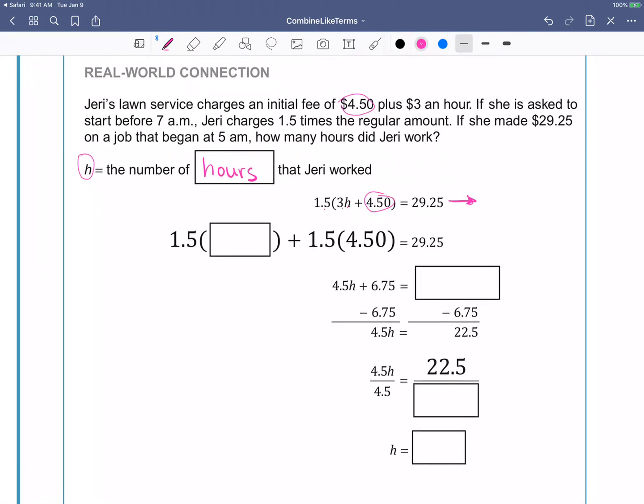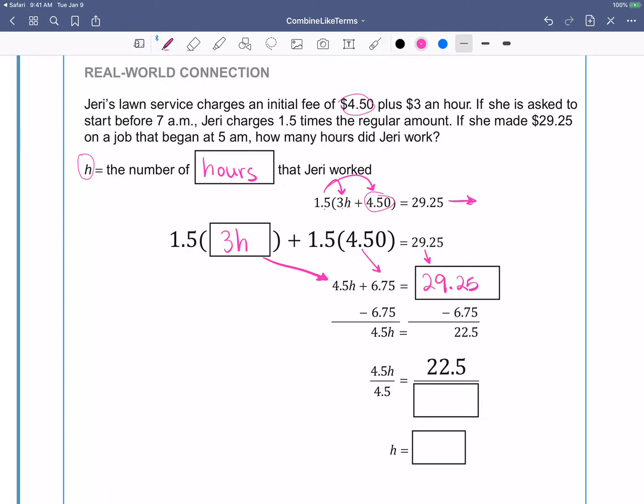So now I'm going to go ahead and distribute the 1.5. I'm going to write in my 3H. When I do the multiplication, I'm going to get these new answers, right? So they put this box here and it's kind of tricking you because it's just going to be the answer, right? Nothing has changed here, $29.25.